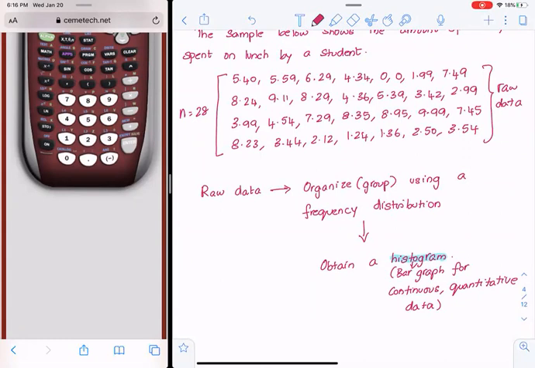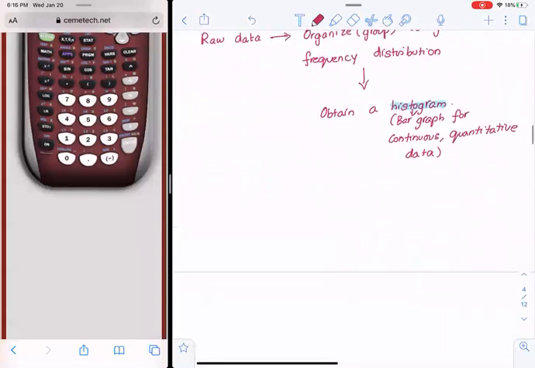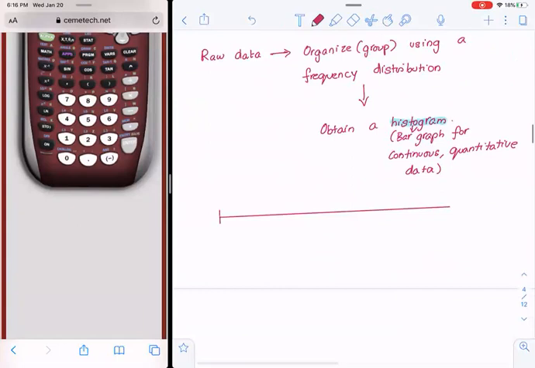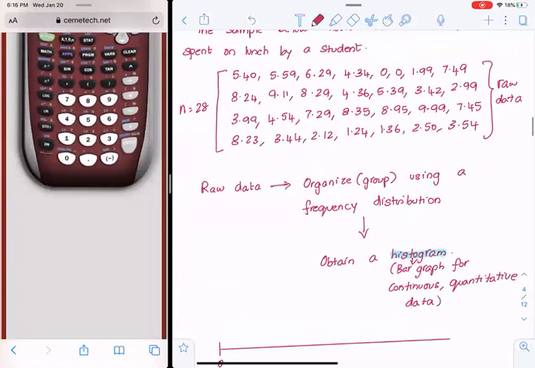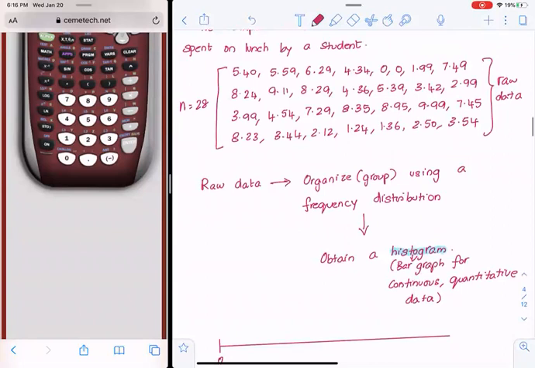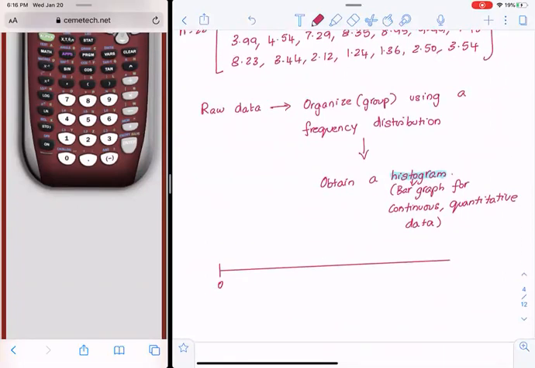So the idea here is to first look at the minimum and the maximum value of the data. In our case, it is 0. And it goes all the way up to $9.99. I'll just call it 10. Now, what we want to do is to divide this entire interval into pieces.